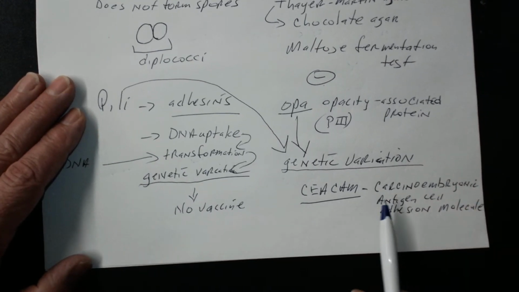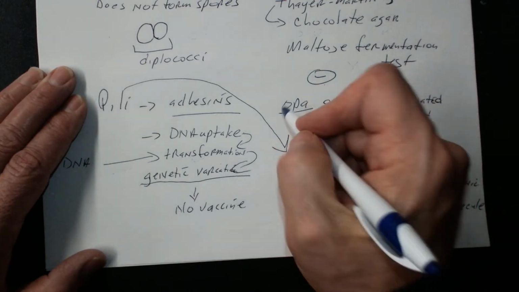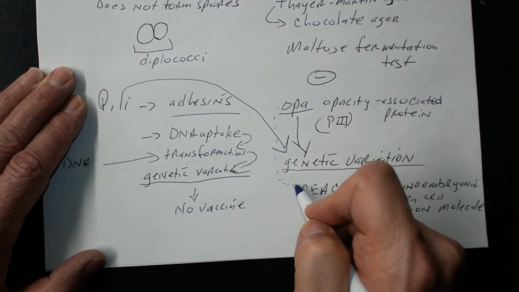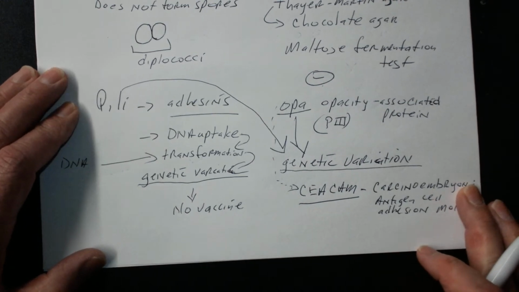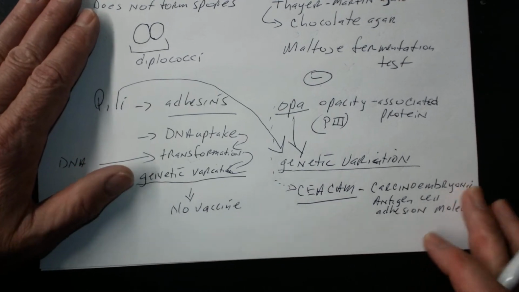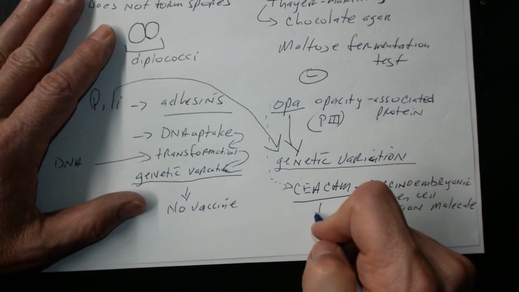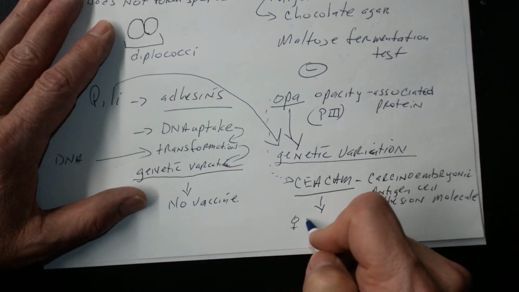So this is mercifully abbreviated CEACAM. OPA adheres to this particular protein, and this is important because this is very heavily expressed particularly in the female reproductive tract.